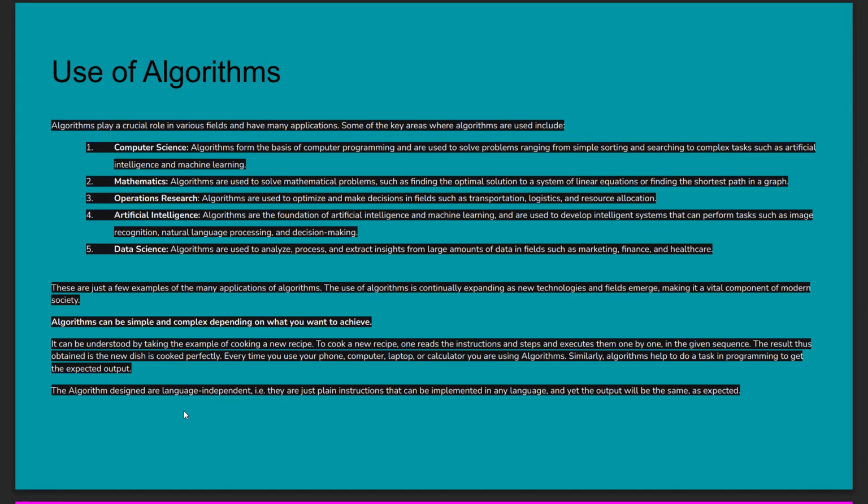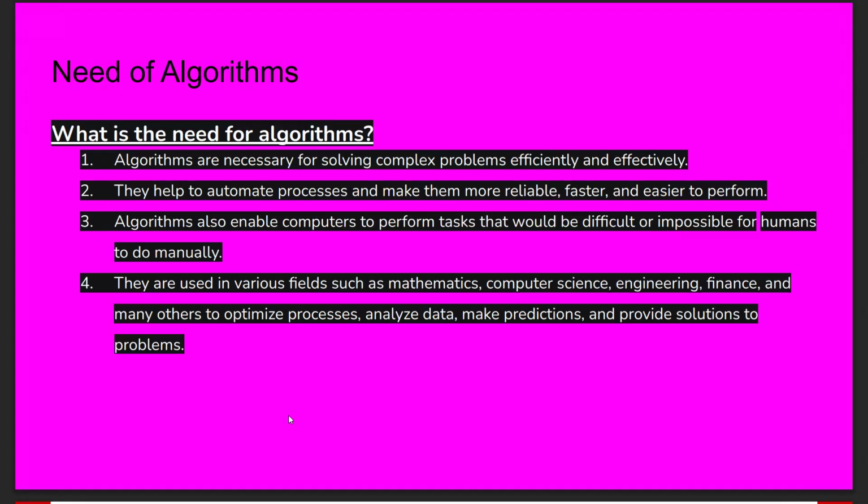If you want to implement any instructions or perform any operations in any language, they are just plain instructions, and the output will be the same. Whether you use these algorithms for English or implement them in different languages, we will get the same output as expected. That's why it is language independent. So that is what we have discussed right now. So next one.